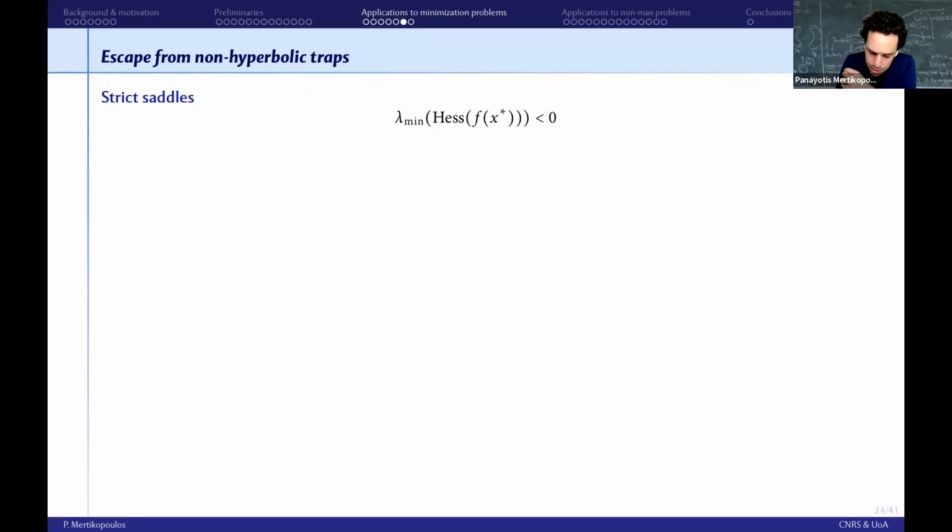The strict saddle points maintain the assumption that the minimum of the eigenvalues of the Hessian is negative. So there's at least one negative eigenvalue there, one unstable direction in a sense, but there is no invertibility assumption for the Hessian. All right, so they may be non-generic points.